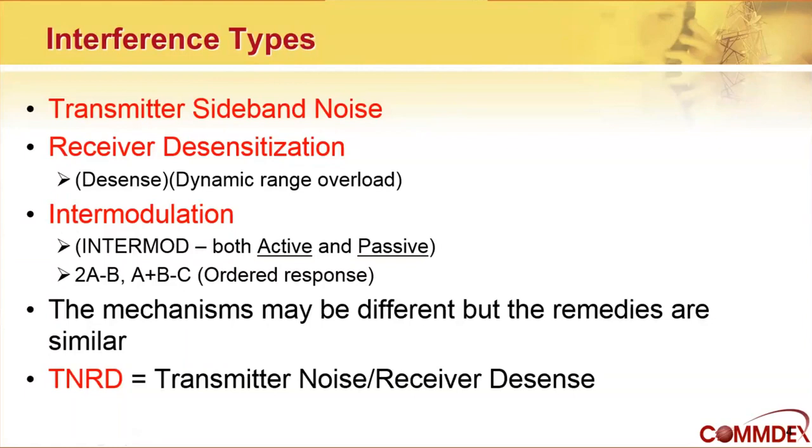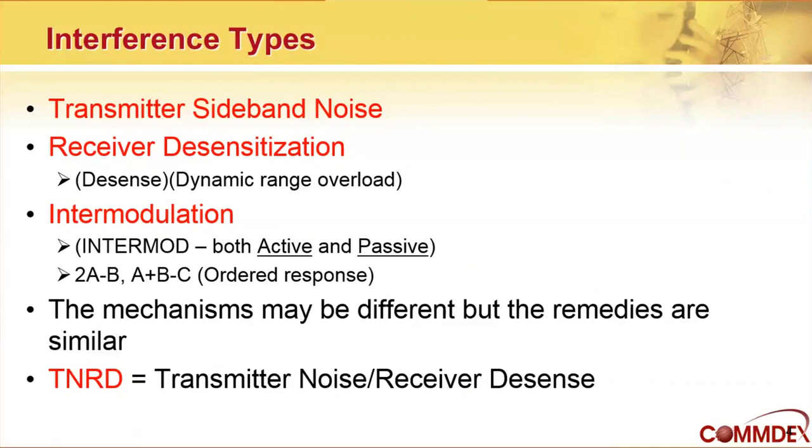We have receiver desensitization. A receiver is meant to pick up fairly weak signals. That's what it's designed to do. If you hit it with a strong signal, you will actually make it less sensitive.